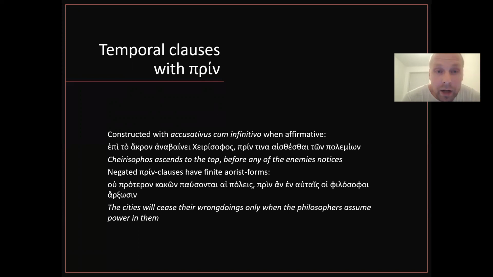And the example we have here of this comes from Plato's Republic. Ou proteron kakon pausontai hai poleis prin an en autais hoi philosophoi arxosi, which translates literally as not before will the cities cease from wrongs until the philosophers rule in them.